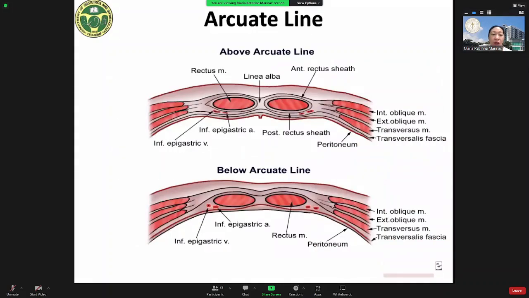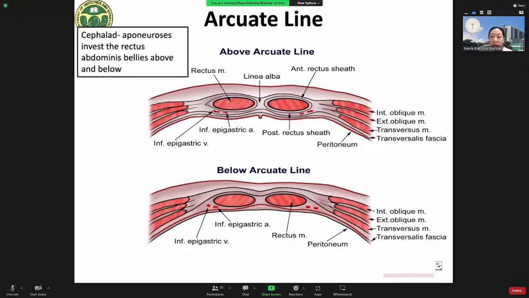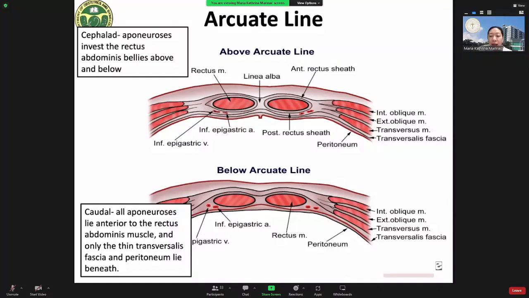The composition of the rectus sheath is different depending on the arcuate line or the linea semicircularis. Above the arcuate line, the anterior and posterior layers of the rectus sheath split, whereas below it, the transversalis fascia fuses with the peritoneum.